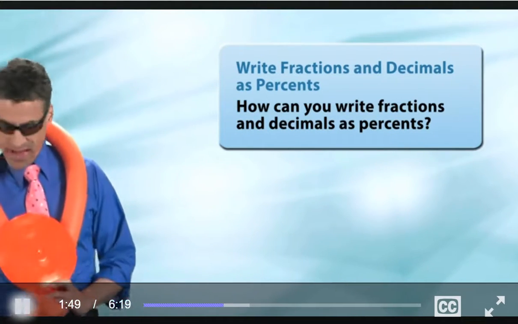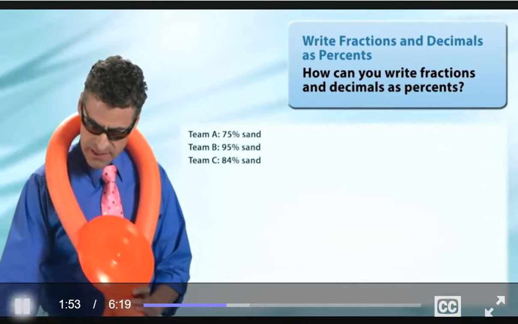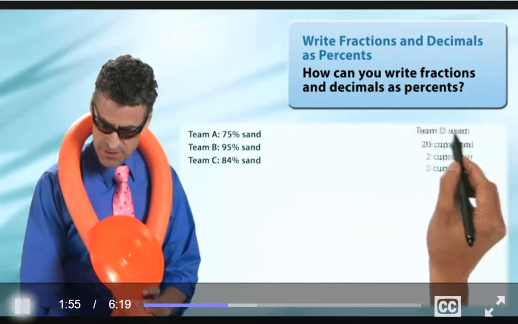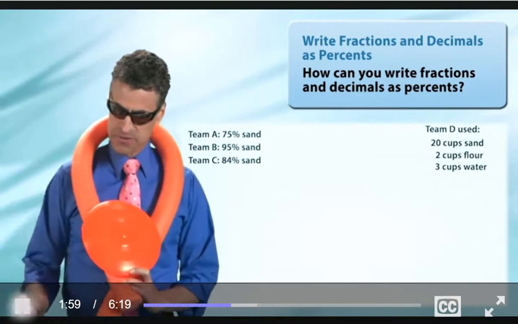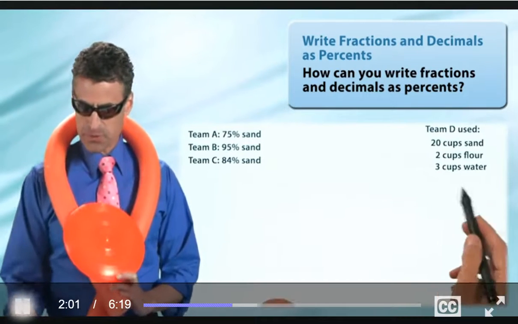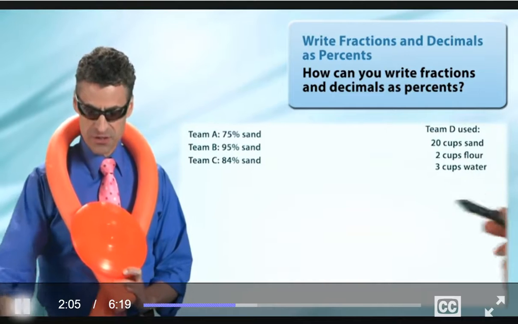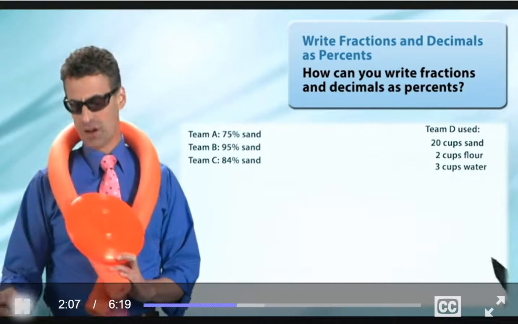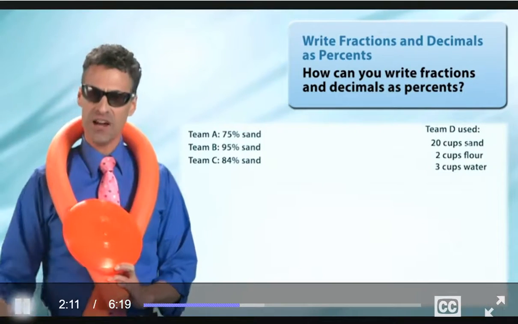So we want to figure out a percentage. Remember, here's the recipe that Team D used: 20 cups sand, 2 cups flour, and 3 cups water. I want to know the percentage of sand used in this mixture. So I want to know what part 20 is of the entirety.